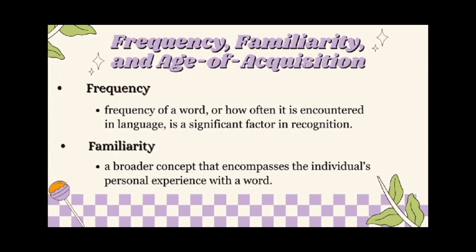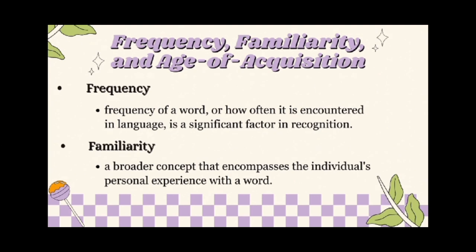Words that are used frequently in spoken and written contexts are recognized more quickly and easily. For example, everyday words like phone and computer are more familiar and thus recognized faster than less common words like ephemeral or bamfazle, which we encounter less often.